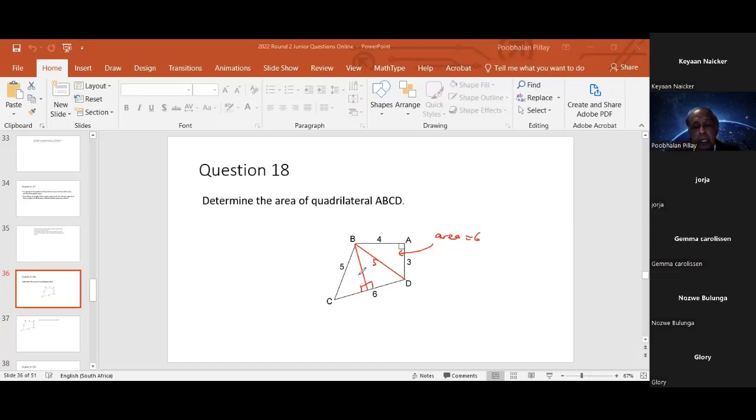Why identical? Because they are congruent. You can see clearly these two. Well, you've got 5, 5. You've got a common side, and you've got 90 degrees. So if you look for the reasons for the congruency, you've got side, side, common, 90 degrees.